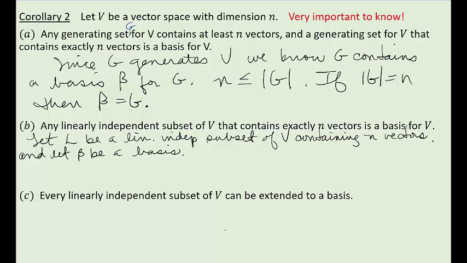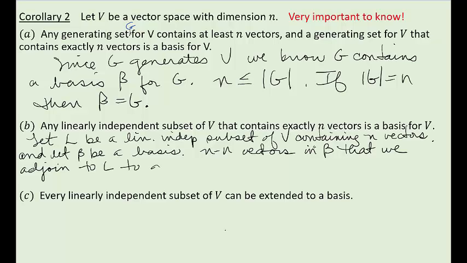Okay, so we know that beta generates the vector space, and L is a linearly independent subset of V. So therefore, there are exactly n minus n vectors, in other words, 0 vectors, in beta that we adjoin to L to get a generating set.